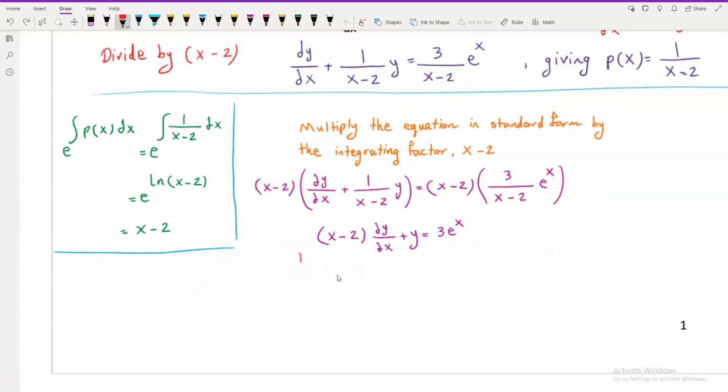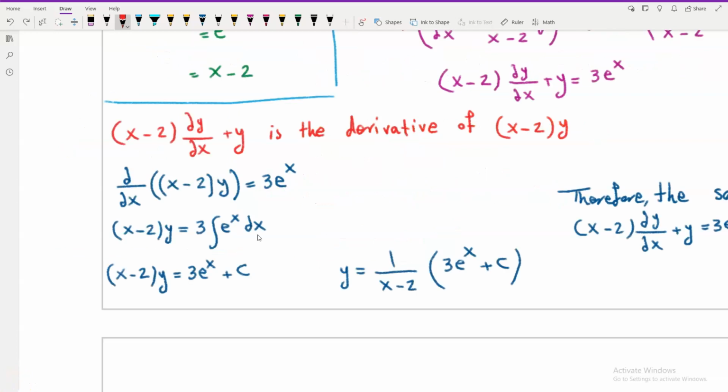The left side of this equation is the derivative of the product (x - 2) times y. Based on that, d/dx of (x - 2)y is equal to what we have on the right side, 3e^x.